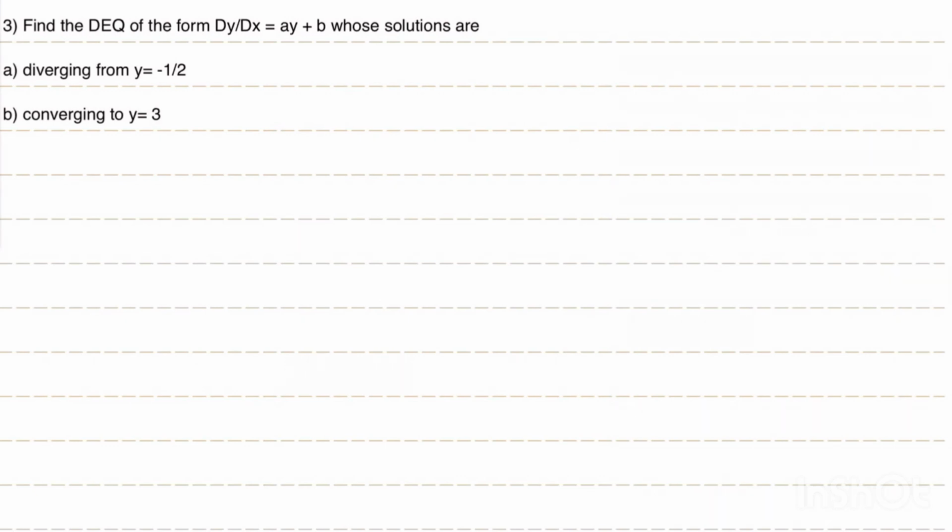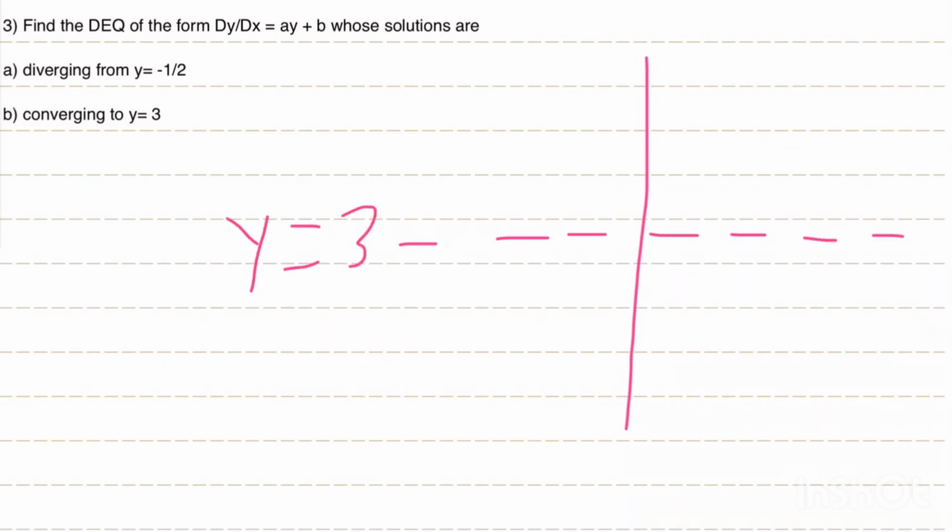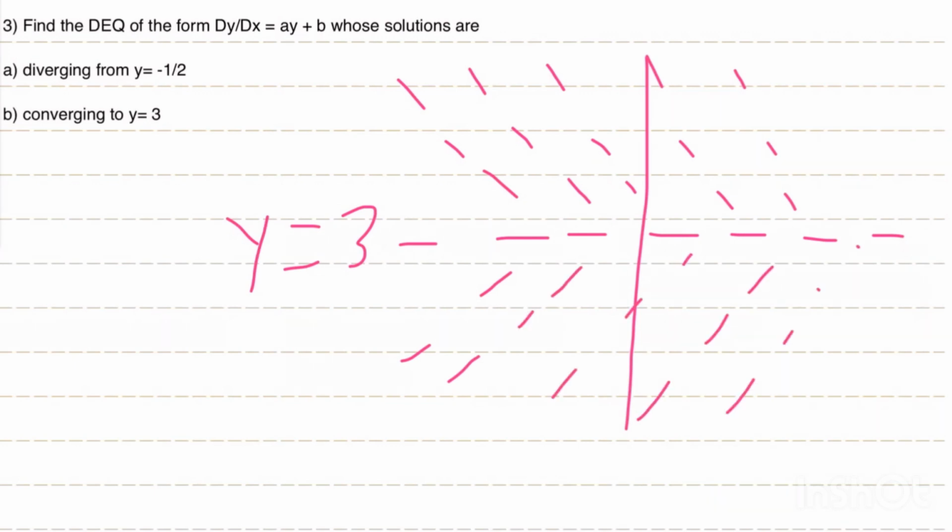So for part B, it's saying that it's converging to y equals 3. So once again, we just draw y equals 3, and the solutions would look like this. They would be pointing towards y equals 3. So this time let's look at the bottom, because why not? Below y equals 3, we can notice that the slope is greater than 0, because it's a positive slope here.